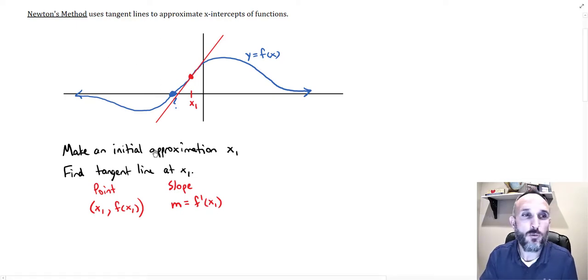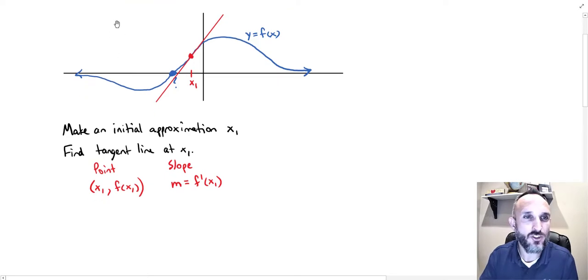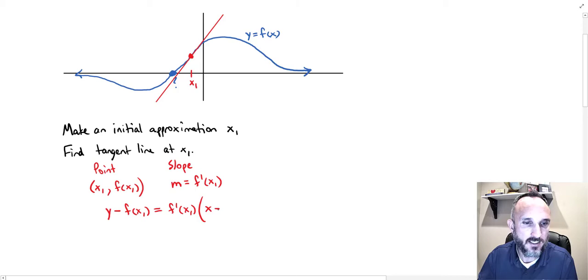So we're almost to the point of knowing what our tangent line is now. The equation would be y minus the y value of your ordered pair, so y minus f of x sub 1, equals your slope m, f prime of x sub 1, times the quantity x minus the x value of your ordered pair, which is x sub 1.